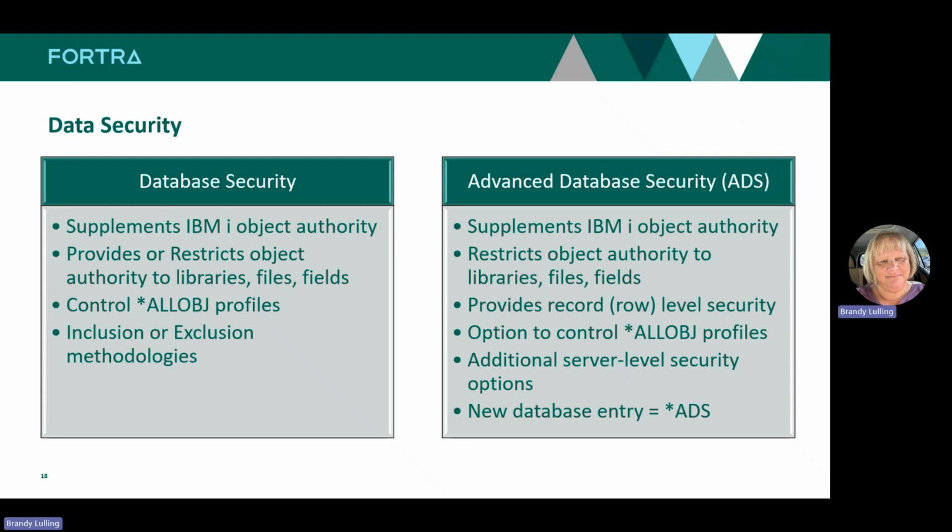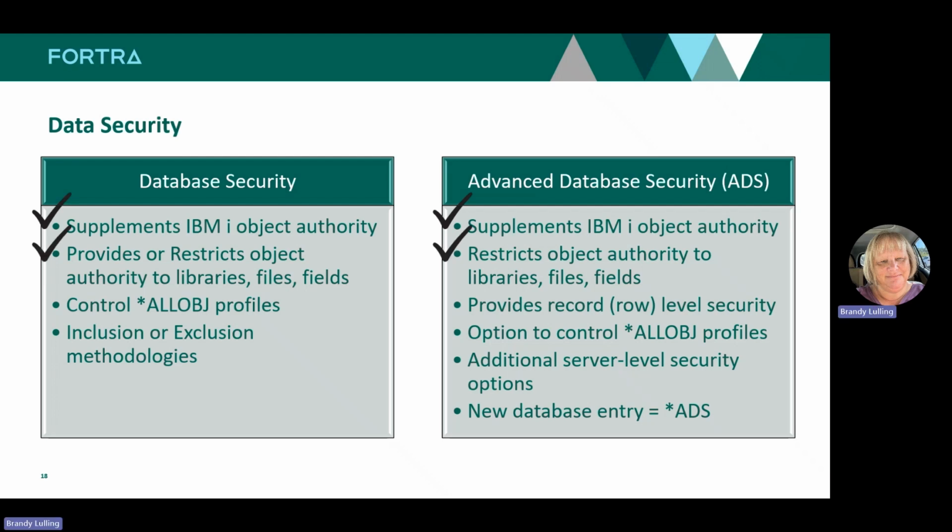All right, so both options supplement IBM i object authority. Both can restrict object authority, but only database security gives you the option for inclusion or exclusion. ADS is exclusion only, which honestly we found was the more popular of the options.